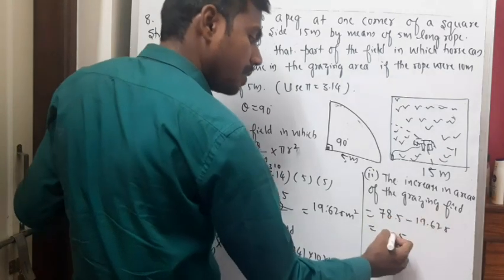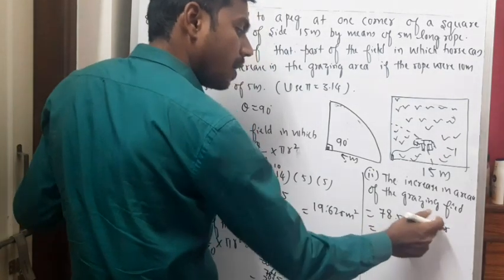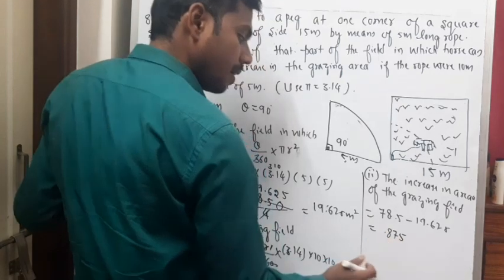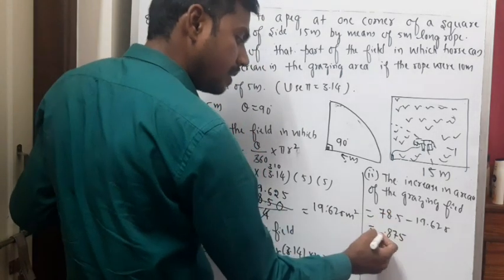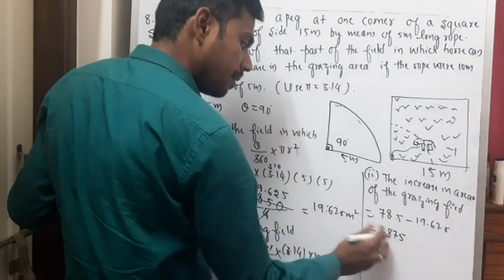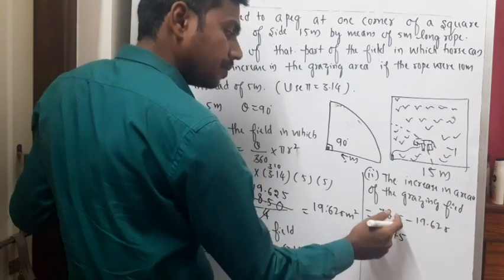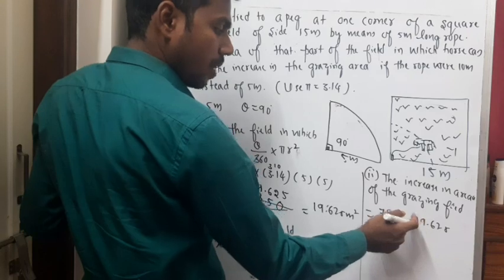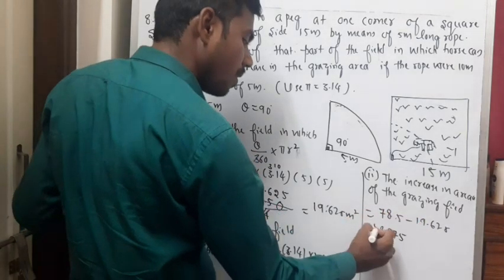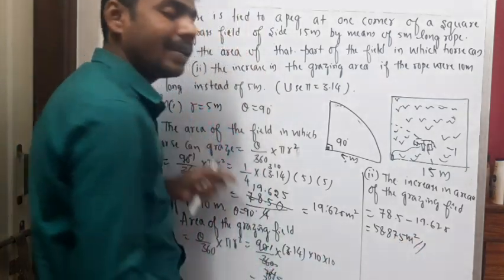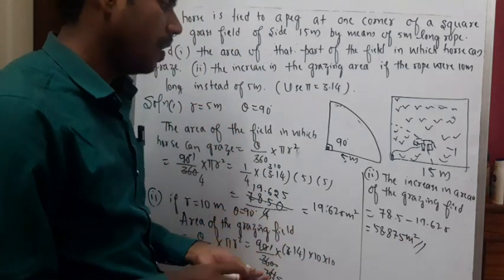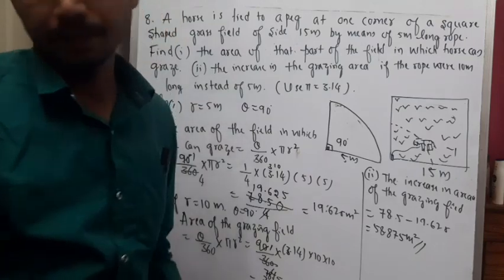Then 9 minus 2 is 7. 14 minus 6 is 8. 17 minus 9 is 8. Then what is left? 6 minus 1 is 5. That is 58.875 meter square. This is the increase in area of the grazing field. Please note this down.